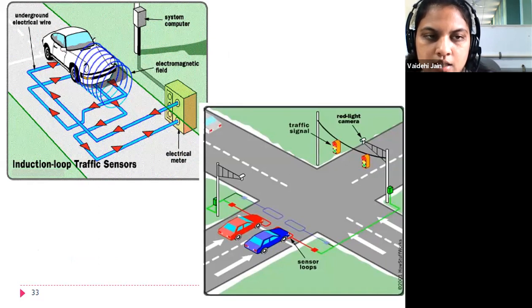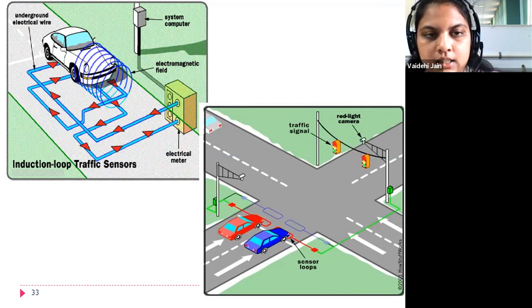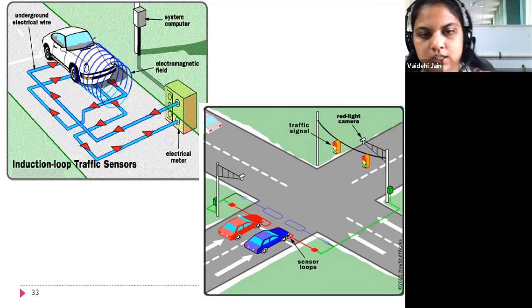If any vehicle comes into that sensor portion or network, it will sense which type of vehicle it is, what the speed of that vehicle is, the weight of the vehicle, and the travel time of that vehicle from this stretch to another stretch.